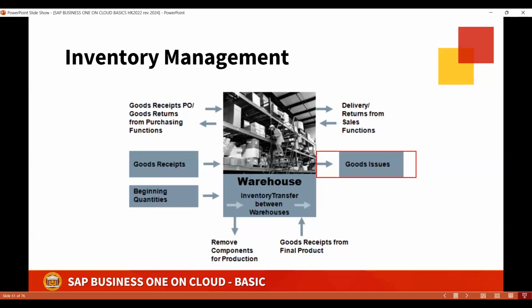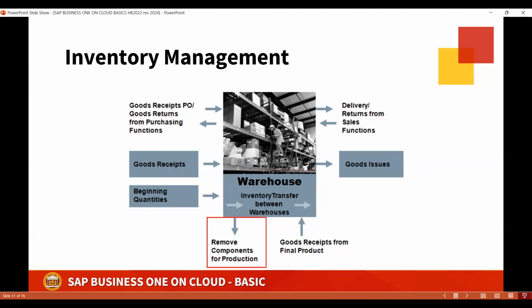Goods issue, on the other hand, decreases the level of our inventory. As far as beginning quantities are concerned, entering them in our inventory increases it. For inventory transfer, again, it is used to transfer goods from one warehouse to another warehouse.